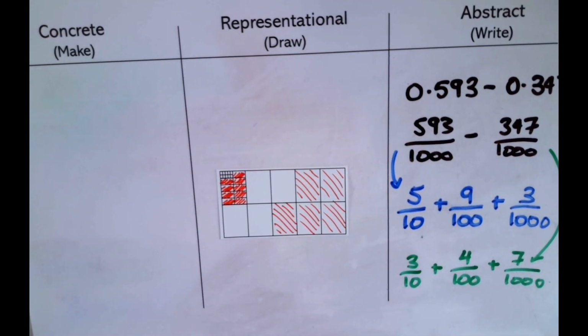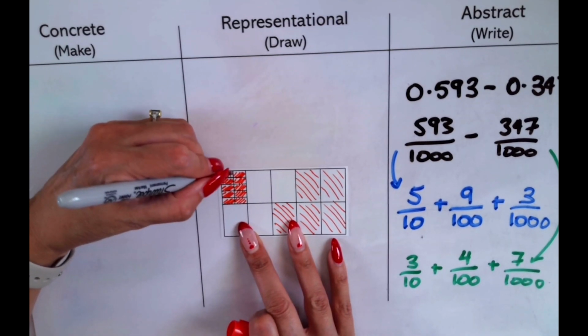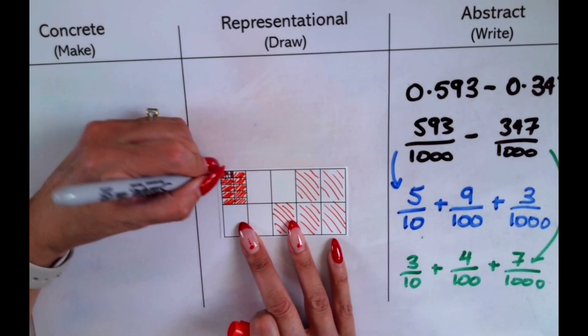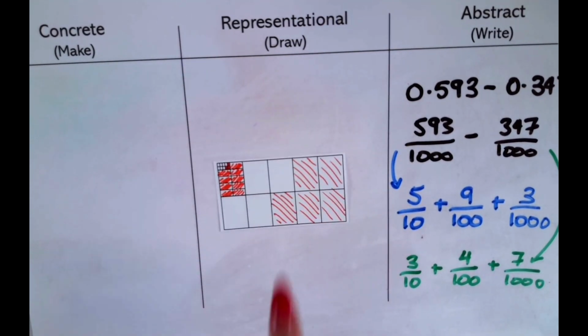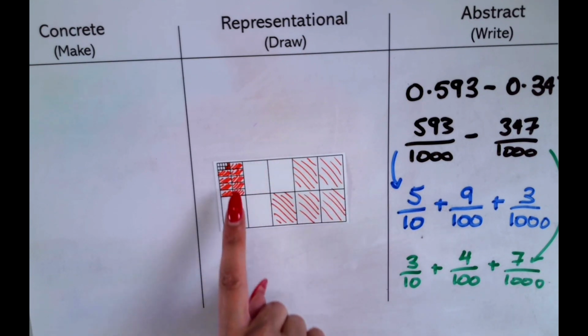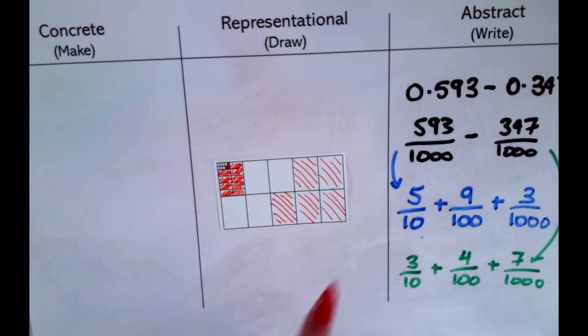Then I'm going to colour in 3/1000, which is always fun. So this is the decimal that I start with. I start with 593 thousandths. So if I was to break each one of these shaded parts into thousandths, I'd have 593 of those. Okay, so that's the language you want to start giving to students.